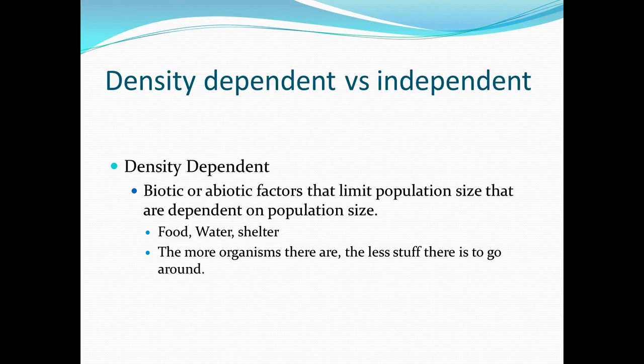The first one is called density-dependent limiting factors. What this basically says is that these are limiting factors that depend upon how big your population is. So as I have here, the more organisms there are, the less stuff there is to go around. And the example I always give in class is that if I have 1,000 organisms in an area and I only have enough food for 800 organisms, well, that's going to create a density dependent limiting factor.